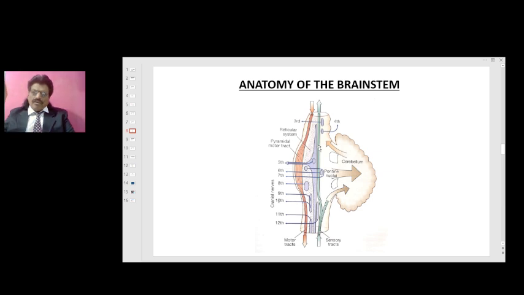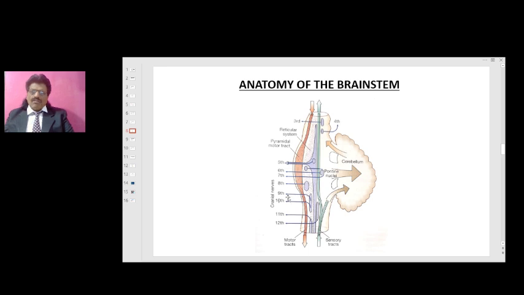When we want to perform a movement, the intended movement comes from the frontal cortex, then comes to the pons and goes to the cerebellum. This is known as the frontopontocerebellar tract. The intended movement comes from the frontal cortex, goes to the pons, and the bundle of pontine fibers goes to the cerebellum. So the frontopontocerebellar tract conveys the intended movement, the movement we want to perform.